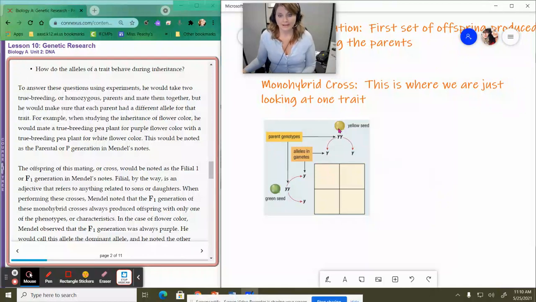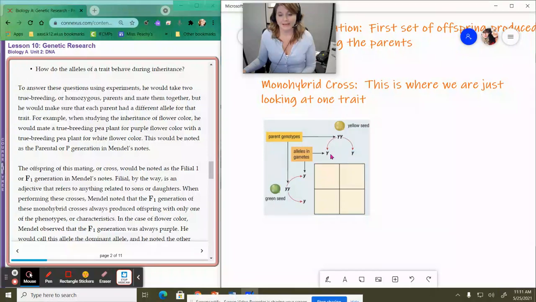Our first parent has a yellow seed, and as we can see, yellow is dominant here. We know this because we're using a capital Y to represent the fact that yellow is dominant. There are two capital Ys, so this is telling us that this is homozygous or true breeding. Each one of these capital Ys represents one of the alleles for that particular parent.